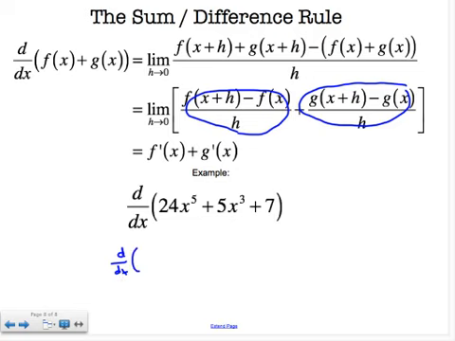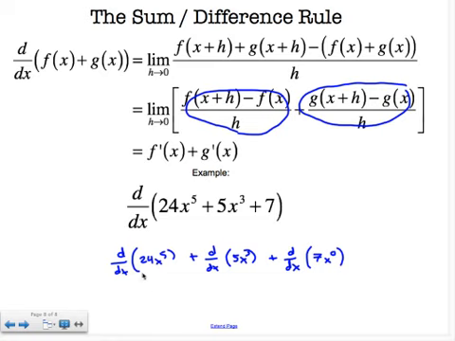So in other words, the derivative of 24x to the 5th plus the derivative of 5x cubed plus the derivative of 7. Now you're saying, hey, 7 is not a power of x. Well, it kind of is. We could write this as 7x to the 0, because x to the 0 is 1, and 1 times 7 is 7.